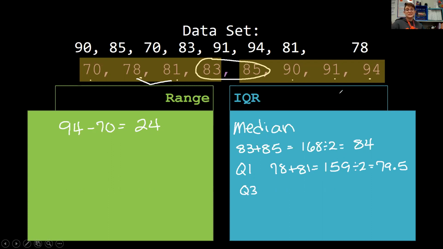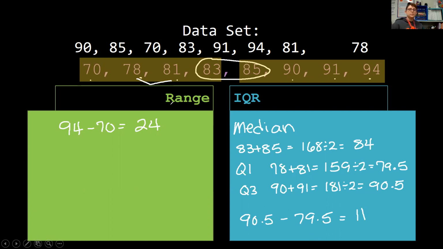Our Q3 in this case hasn't changed, so it's still 90 plus 91, which gives us 181 divided by 2, which gives us 90.5. So my IQR is 90.5 minus 79.5. And that gives us an IQR of 11.